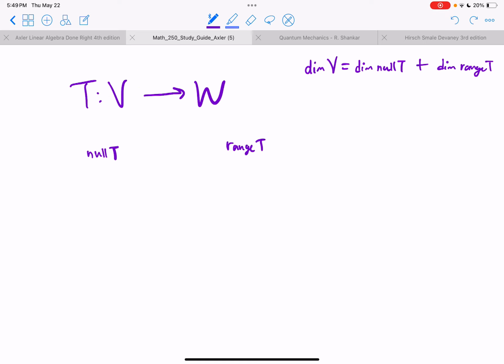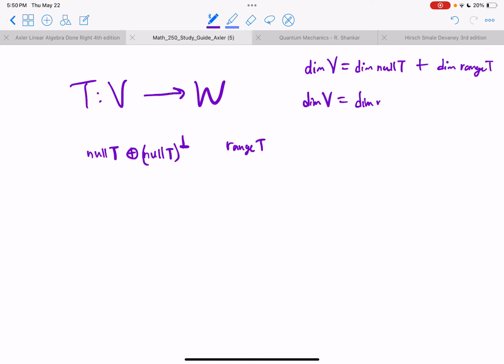Now, what you also know is that if V is an inner product space, then you have a notion of orthogonality, and you can look at the null space of T perp. So all the vectors that are orthogonal, 90 degrees, to the things in null T. Okay. And then from a direct sum decomposition of V, you know that the dimension of the full space is equal to the dimension of each piece added up.